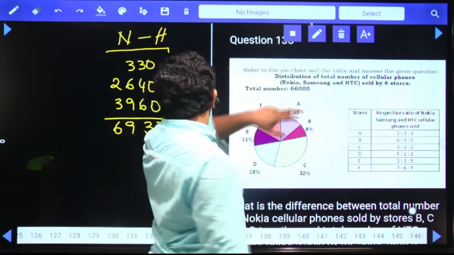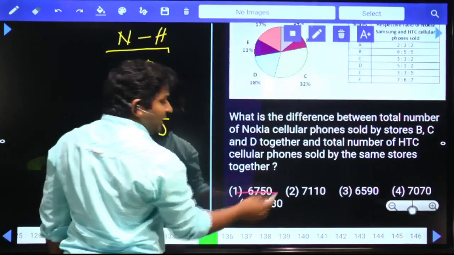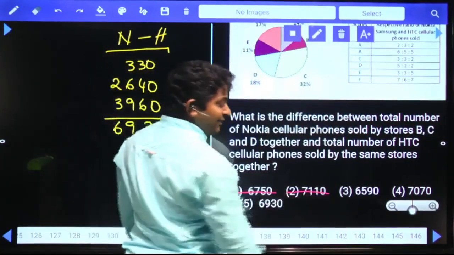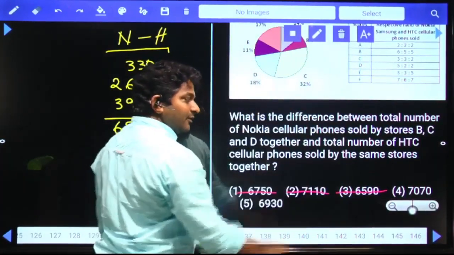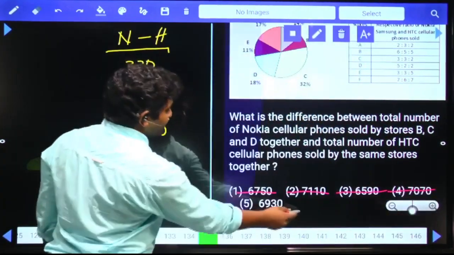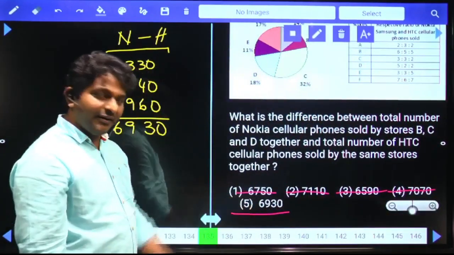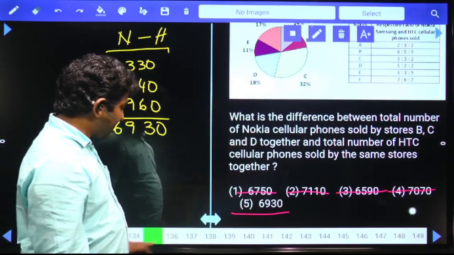So final answer also should be an 11 multiple. First option is not an 11 multiple. Second option is not. Third option is not. Fourth option is also not. Fifth option is an 11 multiple. Final answer. Without calculating also you can answer this question.